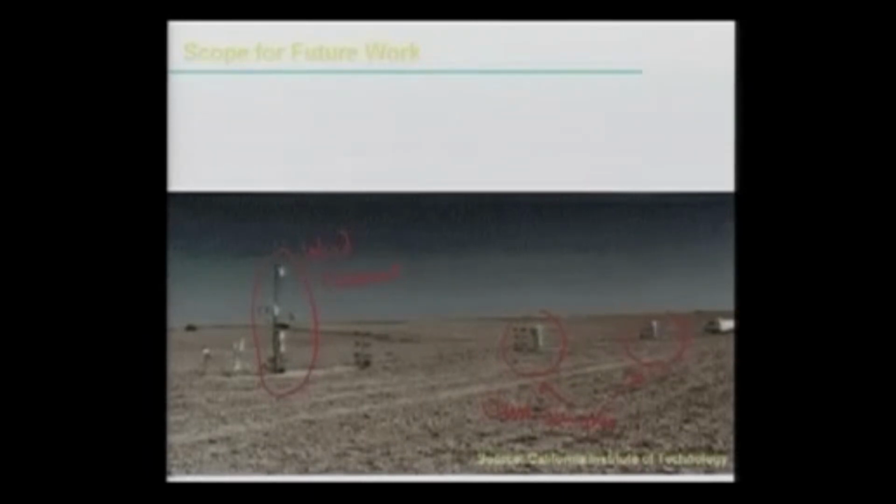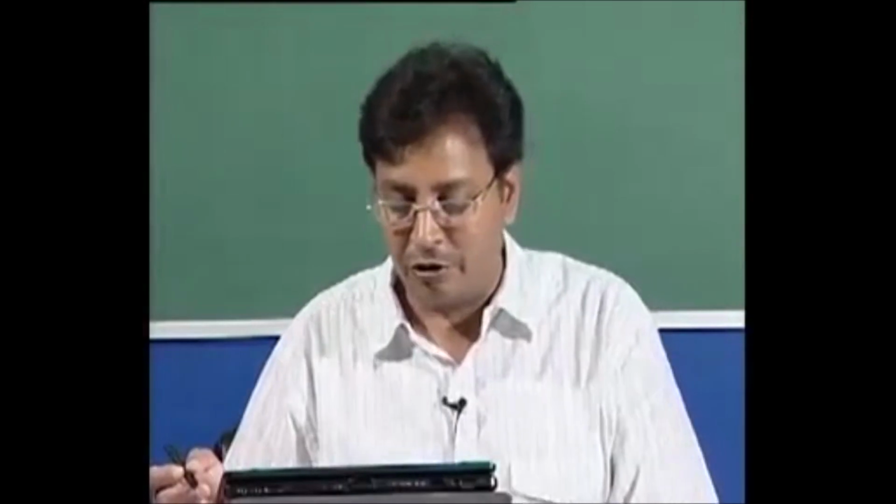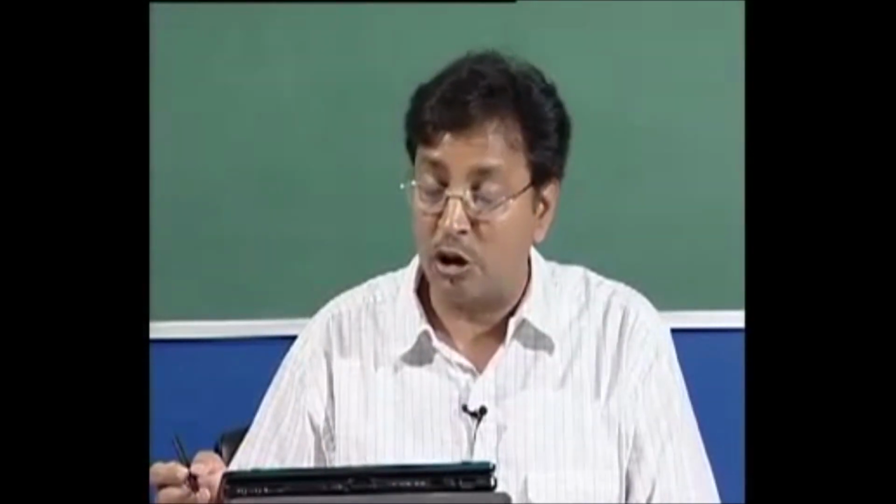You apply different kinds of models, and then you can find out the contribution from the entire region, how much will be the emissions from the desert, or any process for that matter, which is more like fugitive emission rather than emission through the chimney.